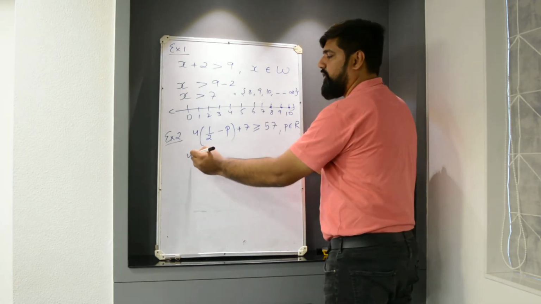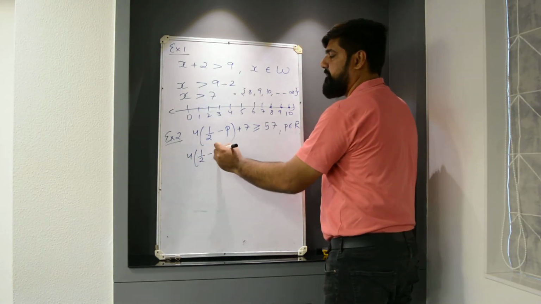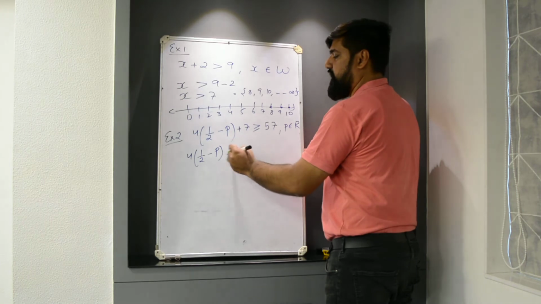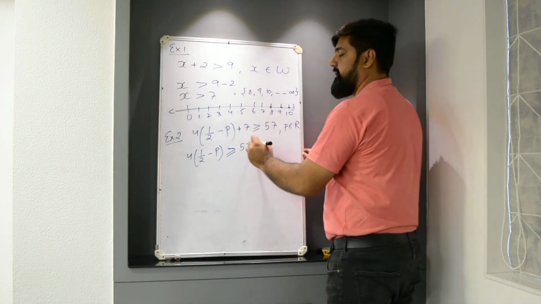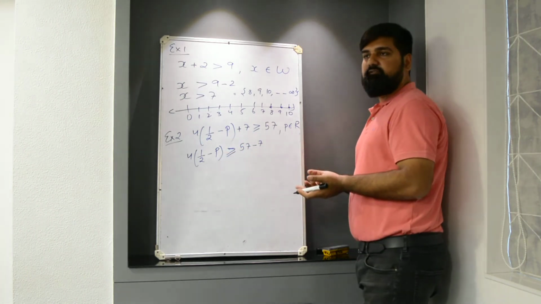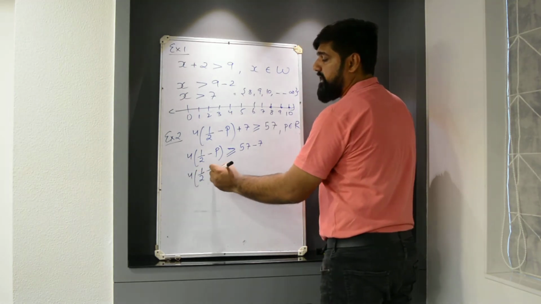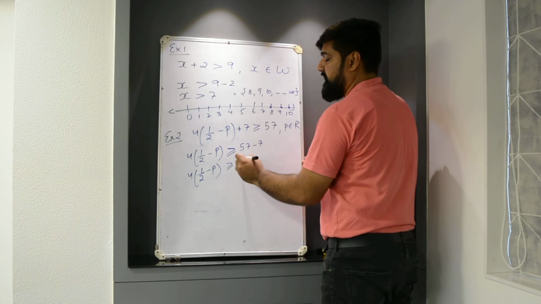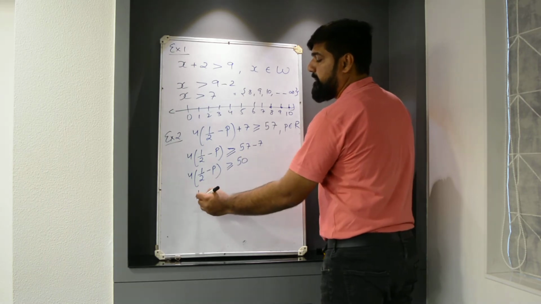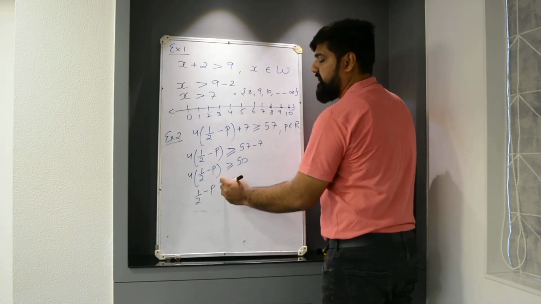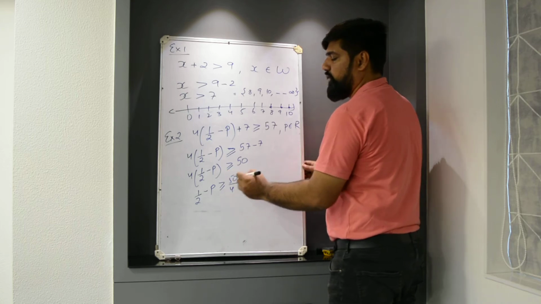So we have 4 1 by 2 minus p is greater than or equal to 57 minus 7. Just the way we solve normal inequality questions. 4 1 by 2 minus p, this will be greater than or equal to 50. 1 by 2 minus p is greater than or equal to 50 by 4.